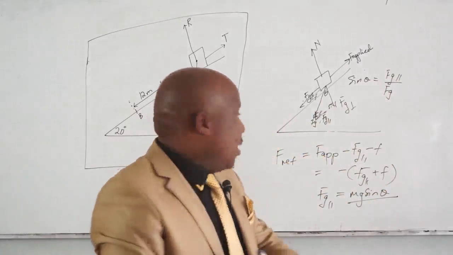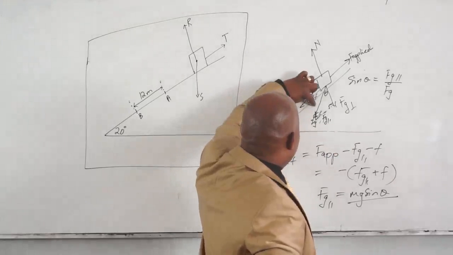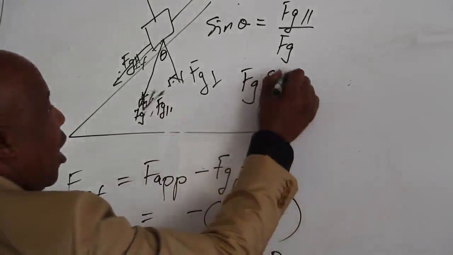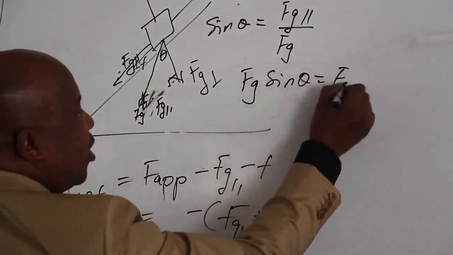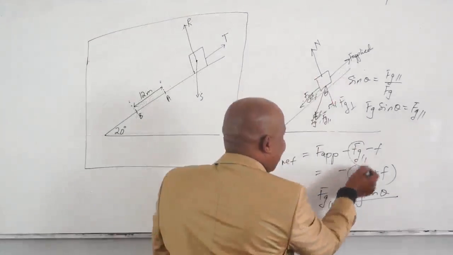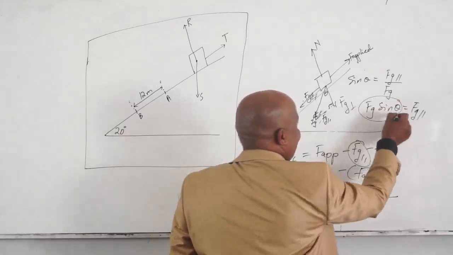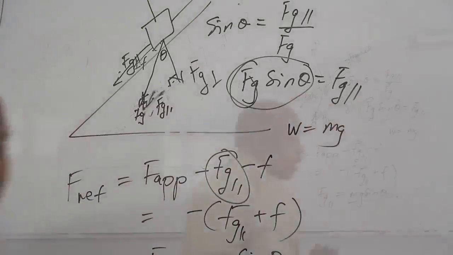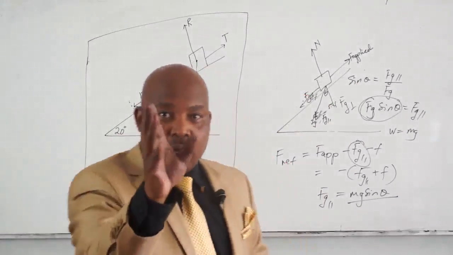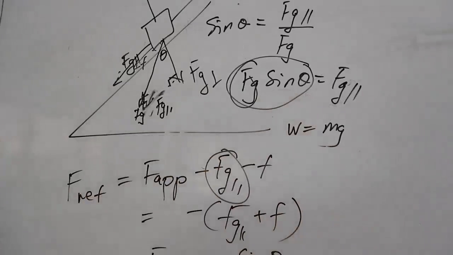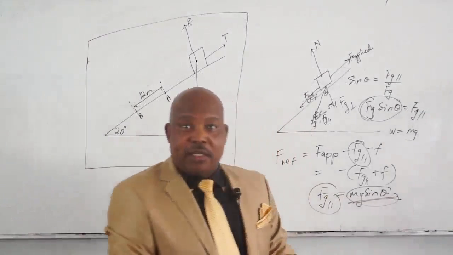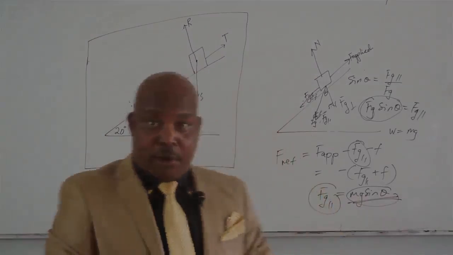Remember, sine is opposite over hypotenuse. Therefore, I'm taking FG to this side, so you have FG parallel. Therefore, wherever I see FG parallel, I put FG sine theta. But what is FG? It's the same as weight, which is the same as mg. Remember that. FG is equal to weight, which is equal to mg. That's why wherever I see FG parallel, I put mg sine theta. You did this in grade 11, you must remember it.